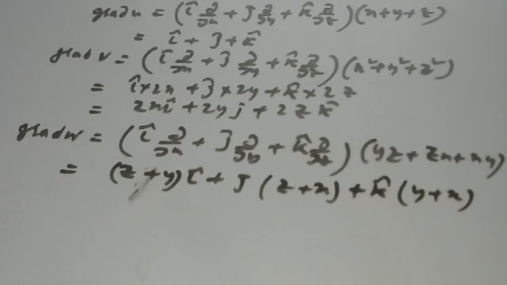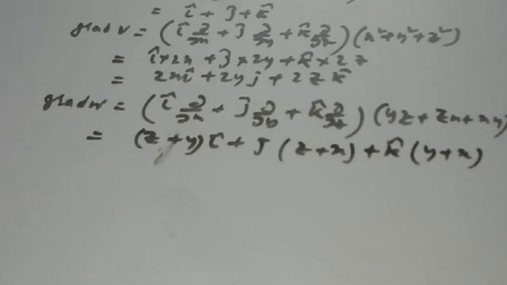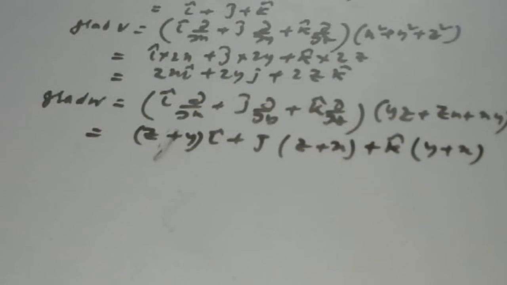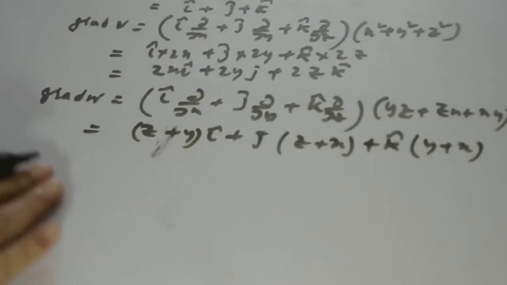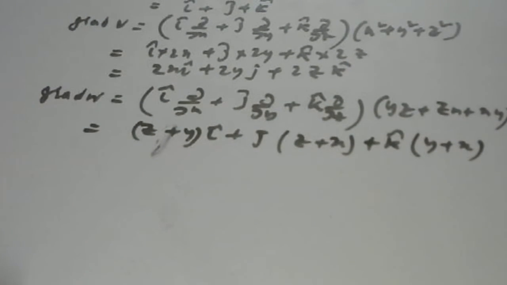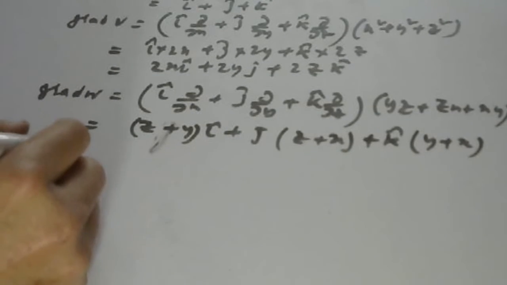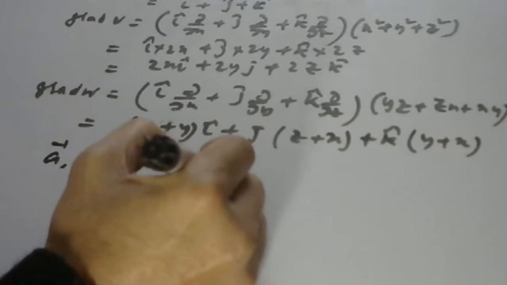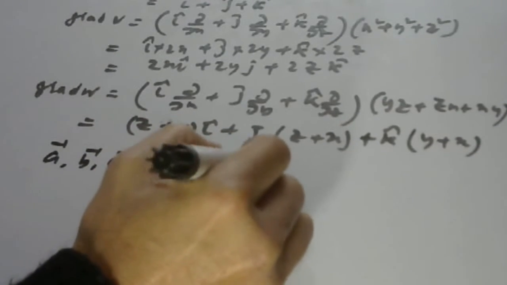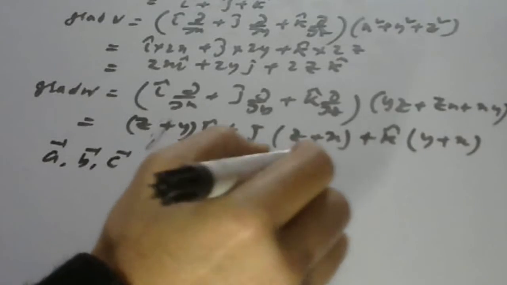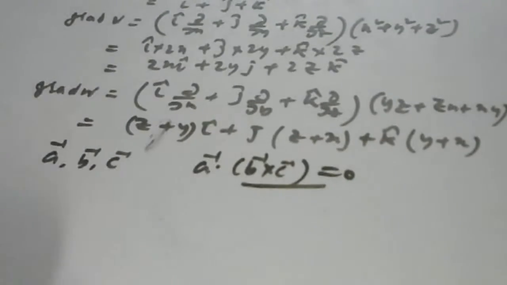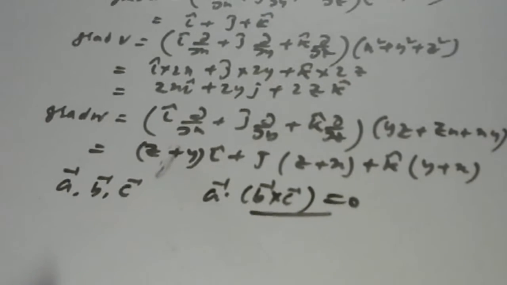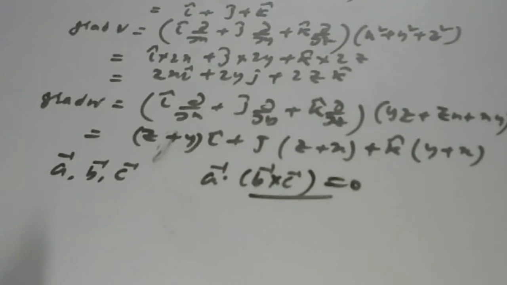This value we got. Now to prove these vectors grad u, grad v, grad w are collinear, we know the scalar triple product equal to 0. If a, b, c are the vectors, then its scalar triple product a dot b cross c should be 0 for them to be collinear. Now we go for the determinant method to find out the value of scalar triple product.